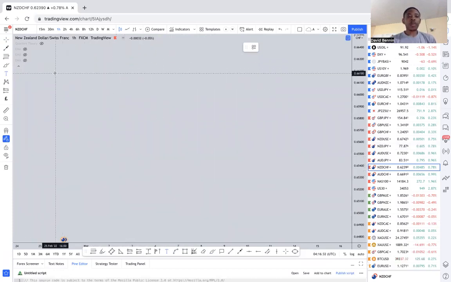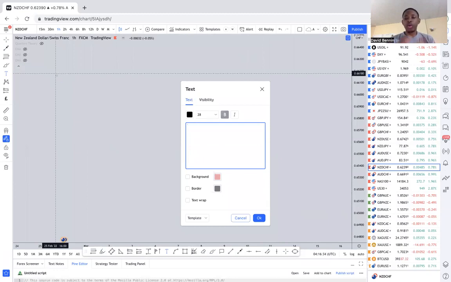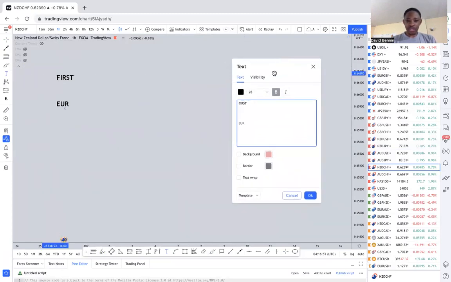All right. So we have certain currencies that always take the first position. So we have first and second position. For the currency that takes the first position, we have the euro. Euro is one of the currencies that always takes the first position.